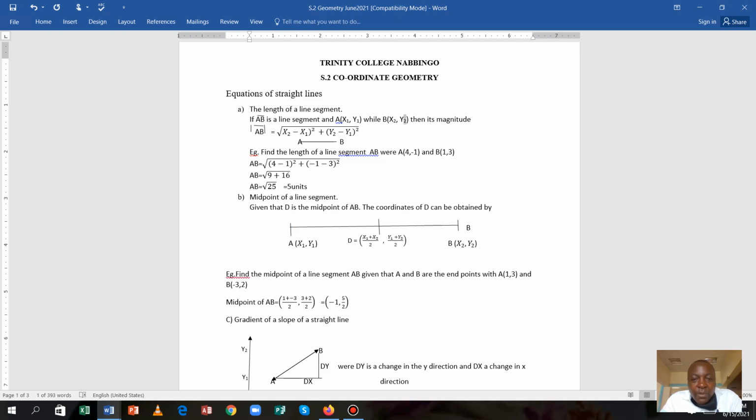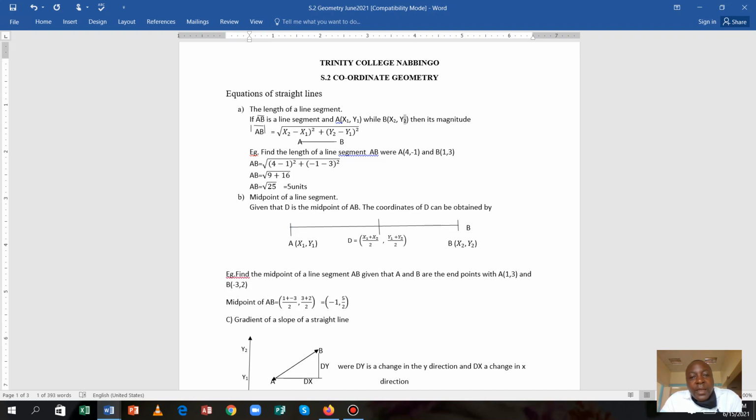The first subtopic we are looking at is length of a line segment. That is in part A.